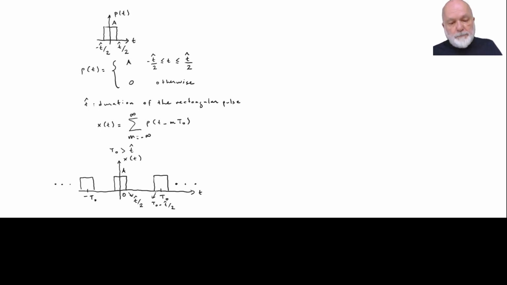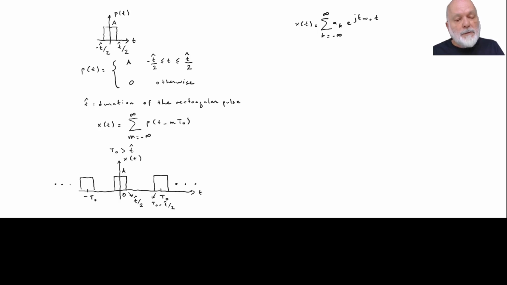Okay, now x of t is periodic with period capital T0. Therefore, x of t will have a Fourier series representation given by the usual expression, the sum of ak e to jk omega 0 t.